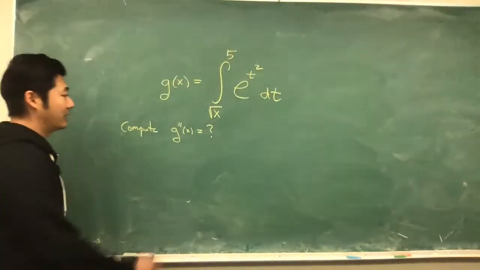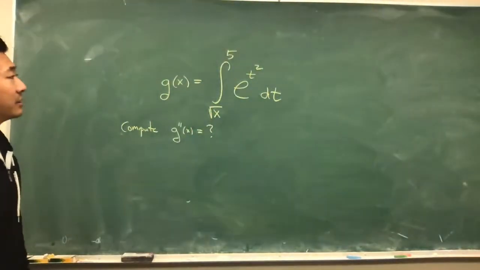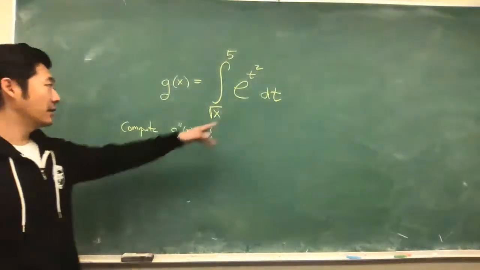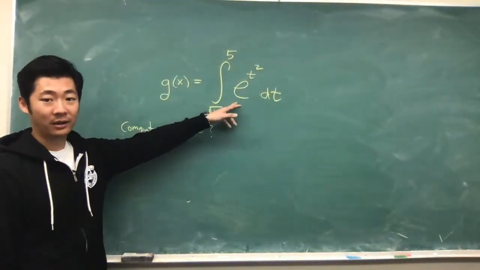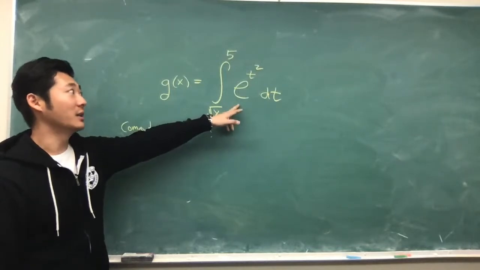Well, differentiation and integration are inverse processes. So you don't actually have to take the antiderivative of e to the t squared. It's also impossible to do it using elementary functions.